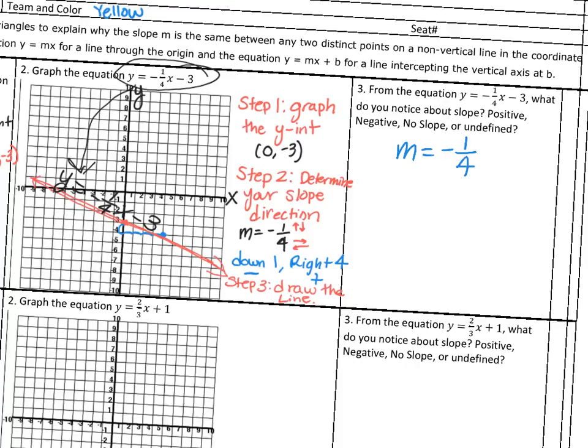Just by looking at my slope, it's negative. So I'm going to write: the equation y equals negative 1/4 x minus 3 has a negative slope. And that's it.